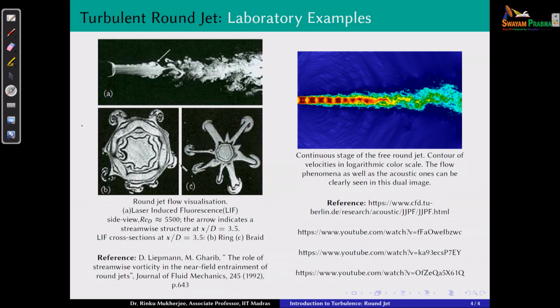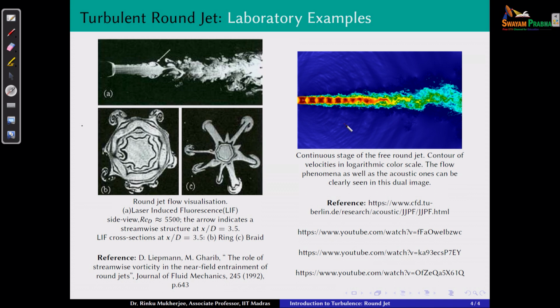What you see on the left hand side here is essentially an experimental example. Experiments were done in a laboratory, and what you see on the right hand side is essentially CFD, computational fluid dynamics, and you must be familiar with something like this.